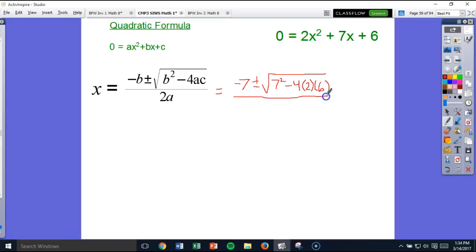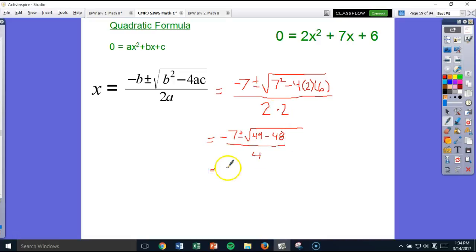We draw our line, and the denominator is 2 times a, so 2 times 2. So we drop down, we have negative 7 plus or minus the square root of 7 squared is 49, minus 4 times 2 is 8, 8 times 6 is 48, so we have 49 minus 48 here, divided by 2 times 2, which is 4.